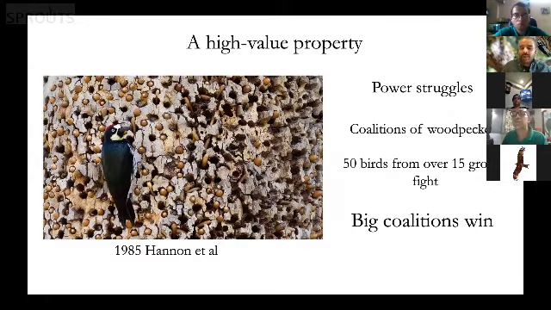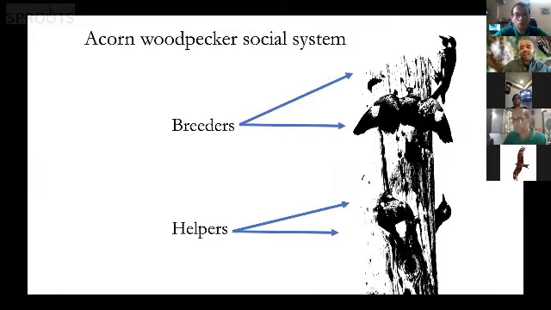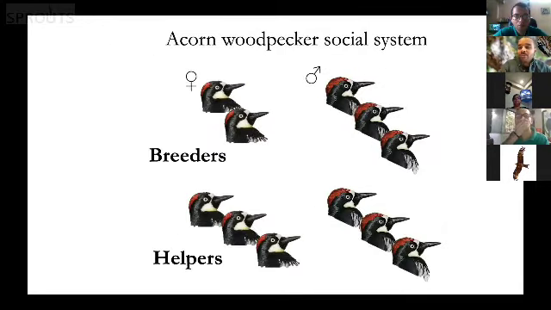It's a numbers game. But that also means that, and here I'm going to complicate the acorn woodpecker social system a little more, many groups, especially these high value property groups with big granaries with thousands and thousands of holes, are not your simple 2 breeders and their helpers, but they actually have a much more complicated social system with many breeders, both many male and many female breeders, and many male and female helpers all living together.